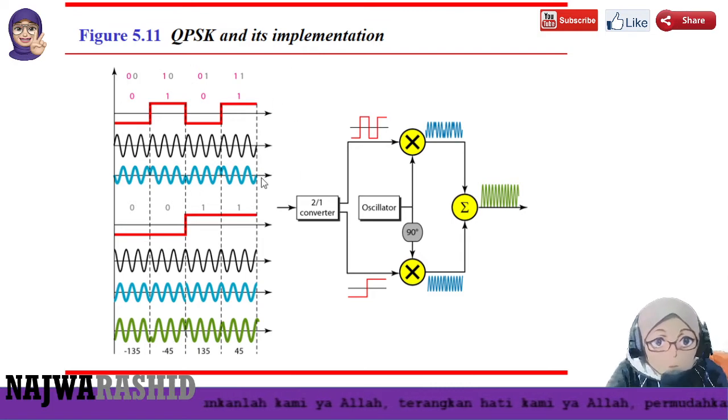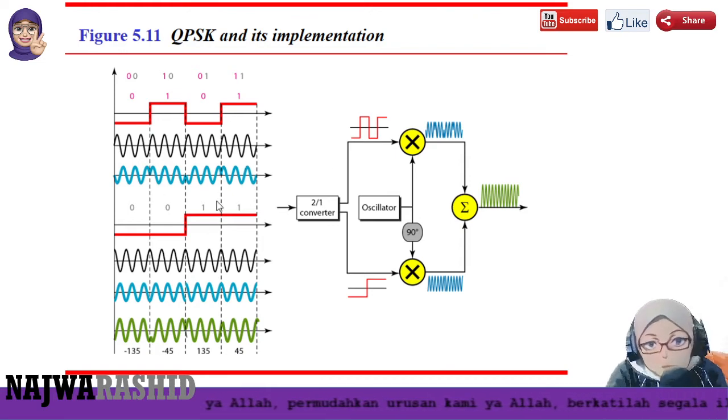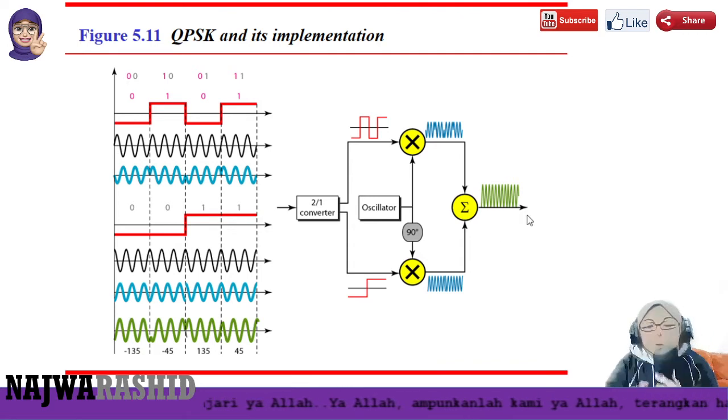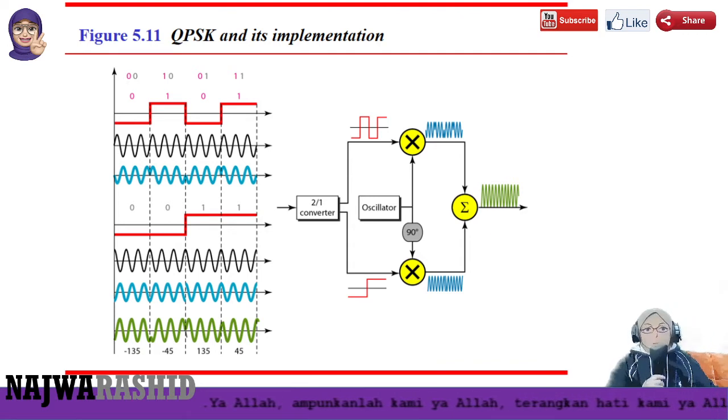We multiply with the carrier frequency signal, and then we generate another modulated signal. Okay, for Q, or quadrature, we have 2 branches, multiply, and then we add. So it becomes one modulated signal.